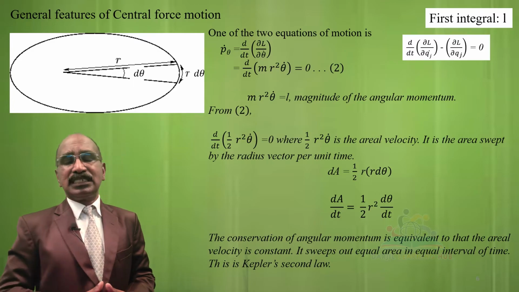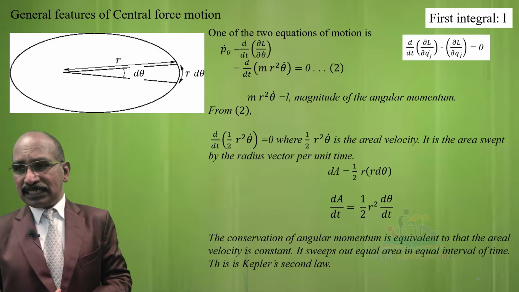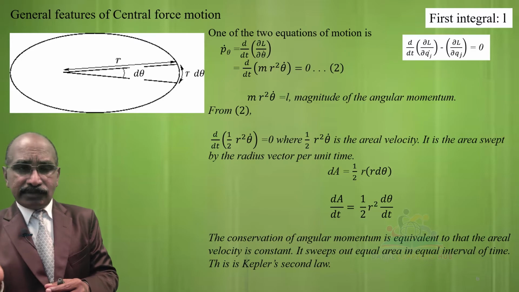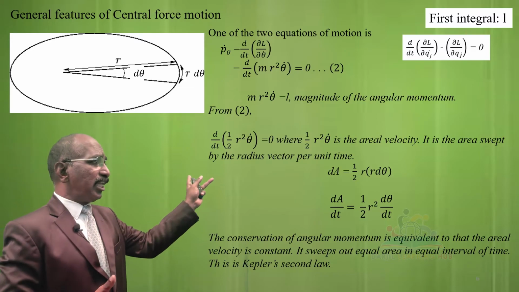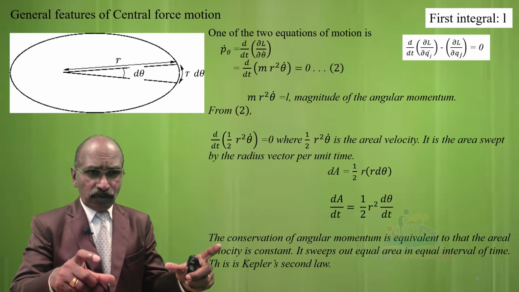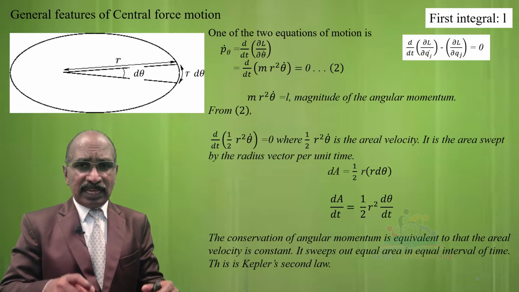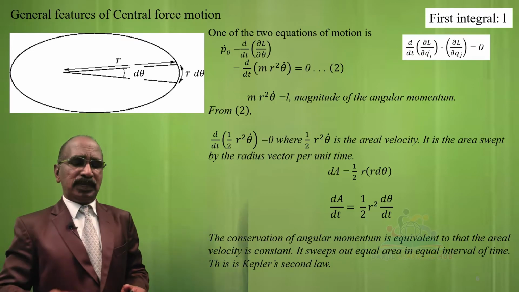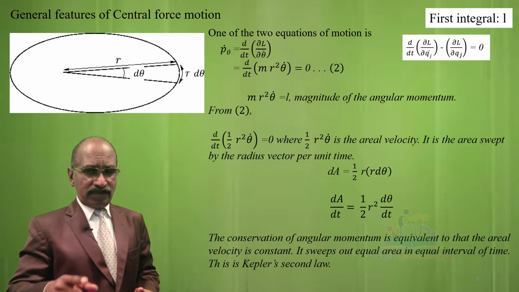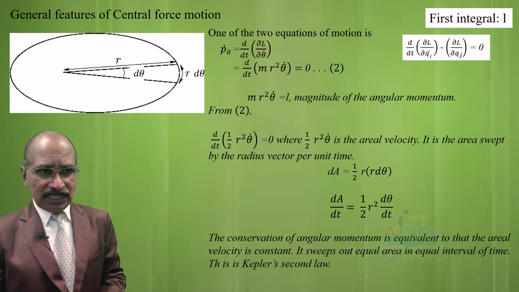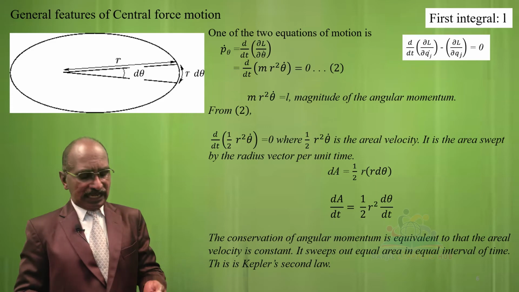This is Kepler's second law. According to Kepler's second law, the radius vector sweeps out equal areas in equal intervals of time. Therefore, from the first integral, we come to the conclusion of two aspects. One is that the angular momentum is conserved. The second is that we have proved Kepler's second law also.